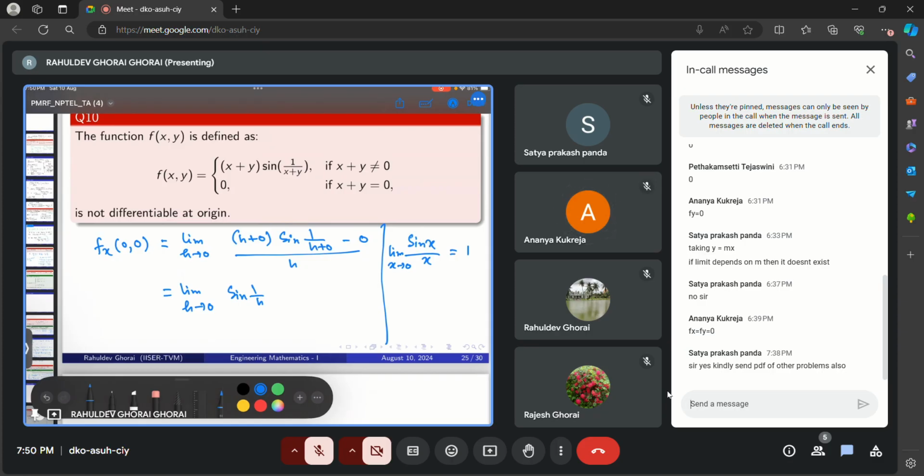So, sir, here also, since 1 by h is there, we can multiply and divide by 1 by h. Okay, if you multiply and divide by 1 by h or 1 by x, the same. So x tends to 0, multiply and divide by 1 by x. That implies again sine 1 by x times sine 1 by x, right? That is equal to 1 you get. So what is then?